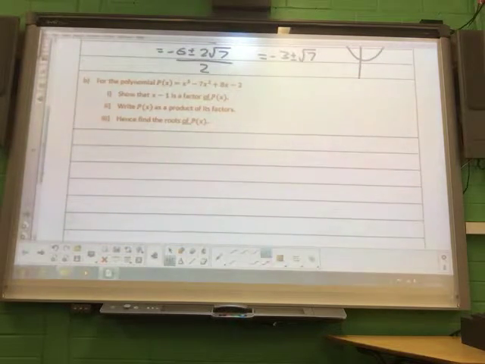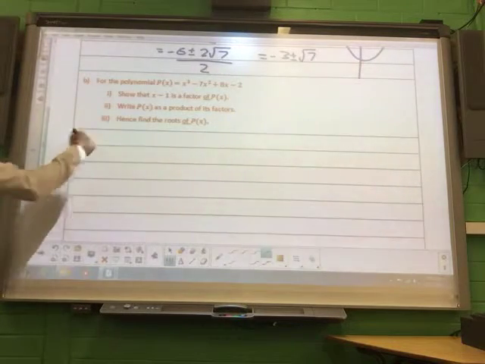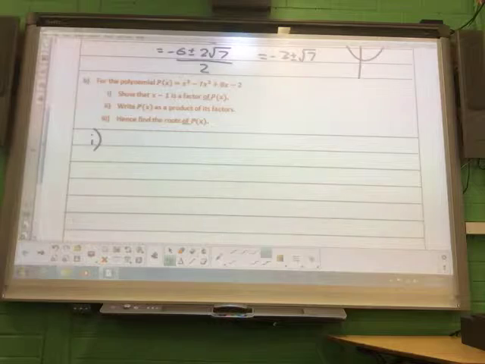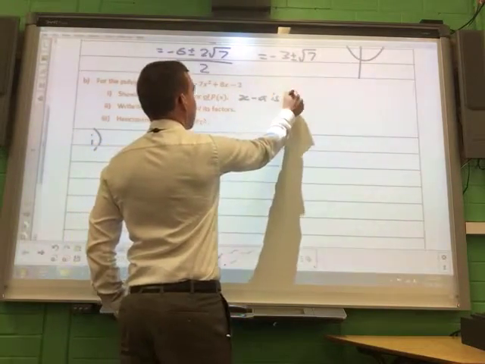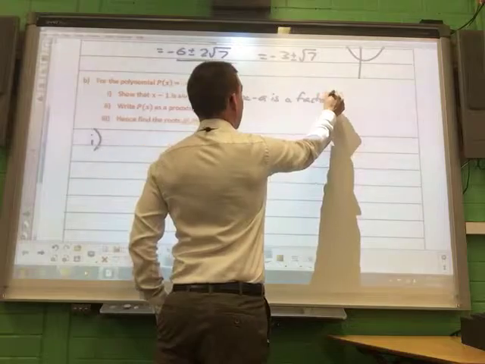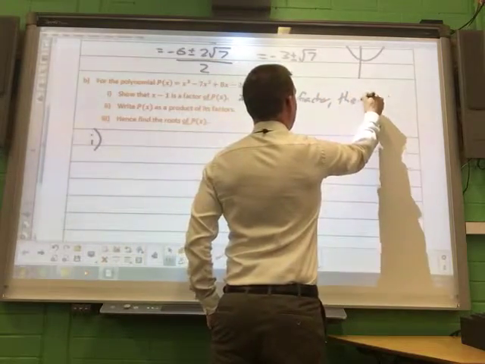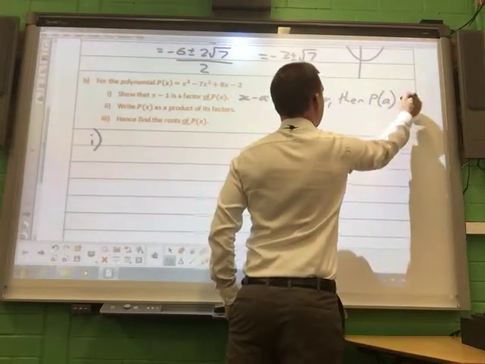For the polynomial p of x equals that, we need to show that x take away 1 is a factor. So I have to use my factor theorem. The rule is, if x take away a is a factor, then p of a is 0.